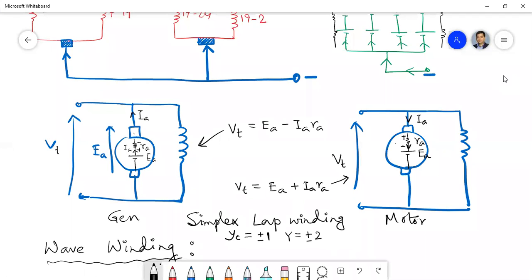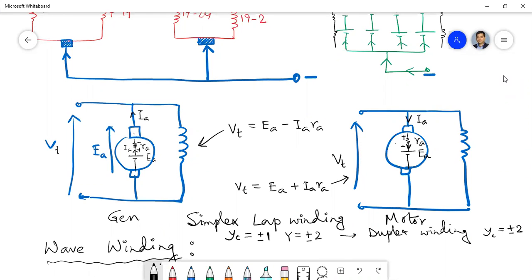But for multiplex winding, like the duplex winding, the commutator pitch would be plus minus 2.